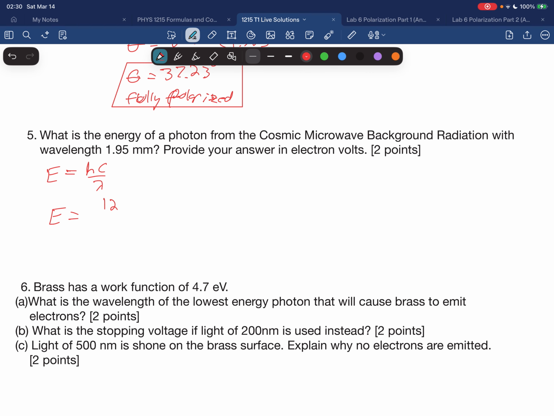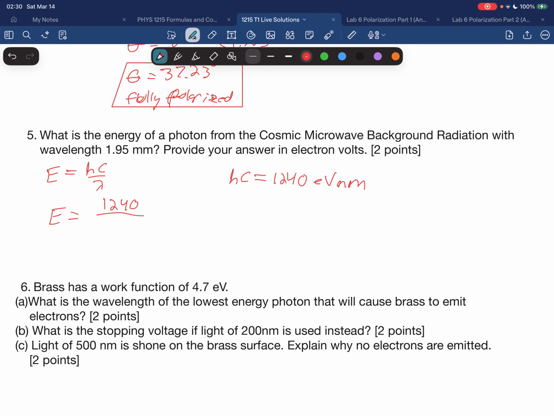Instead of plugging in hc and converting to electron volts later, I'm going to use this helpful little constant, where Planck's constant times the speed of light is equal to 1,240 electron volt nanometers. This is going to be very helpful.